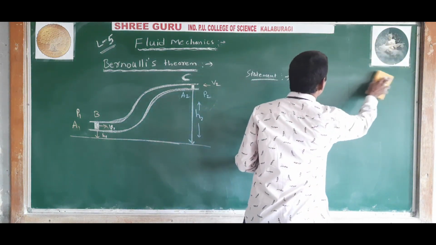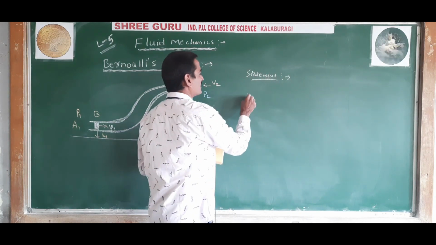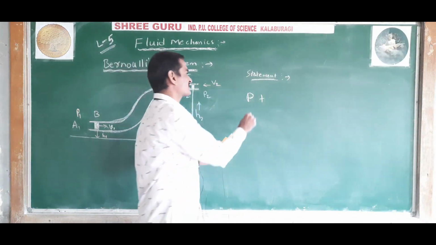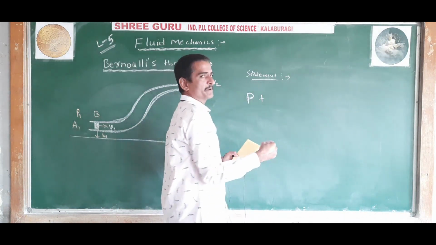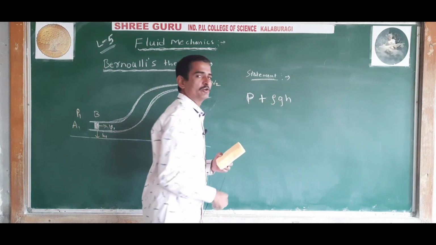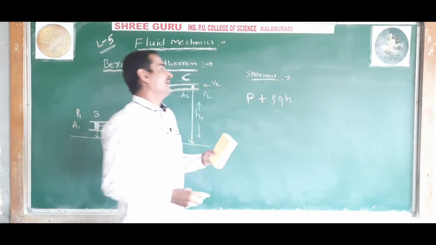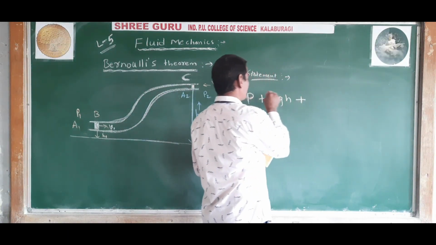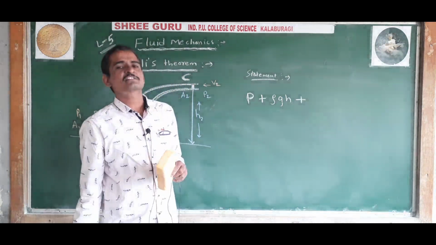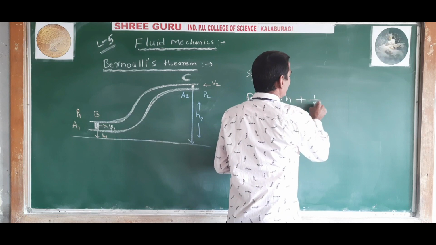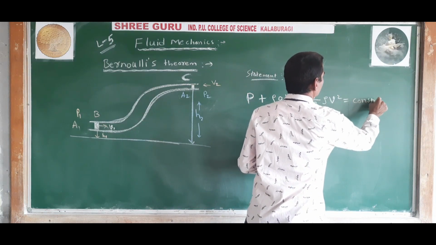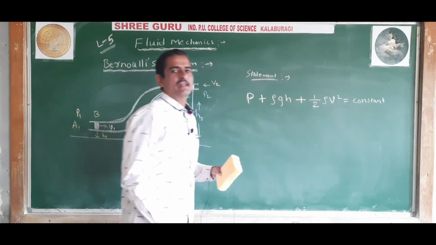That is, pressure energy per unit volume is P, and potential energy per unit volume is rho gh, and the sum of pressure energy per unit volume, potential energy per unit volume, and kinetic energy per unit volume will remain constant for an ideal fluid having streamlined flow.